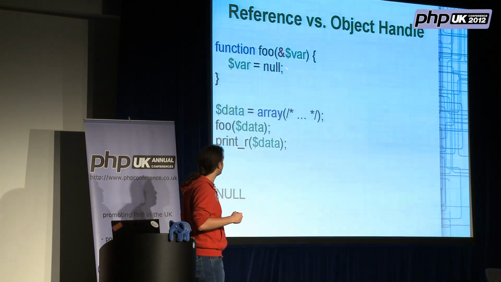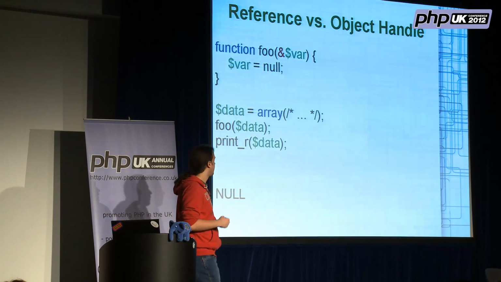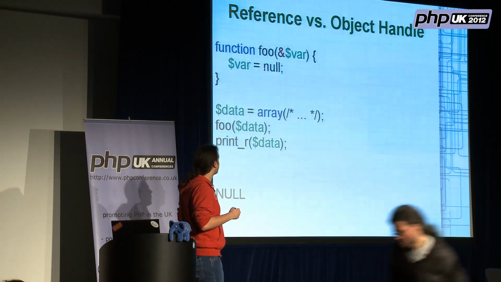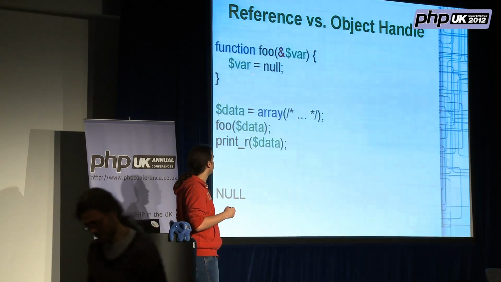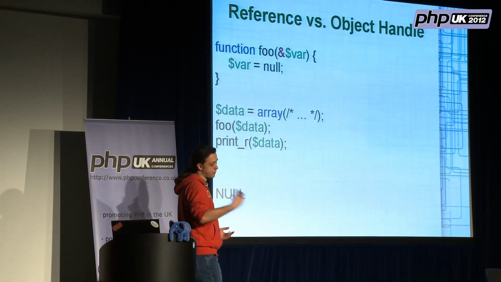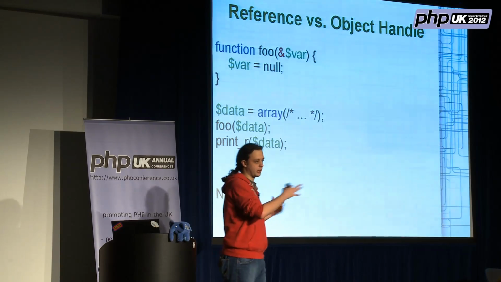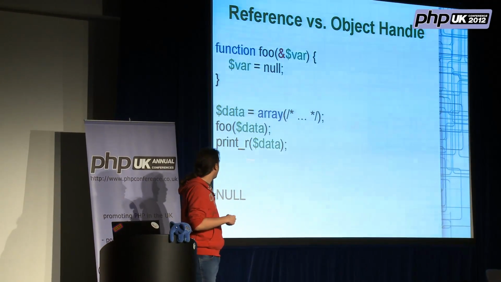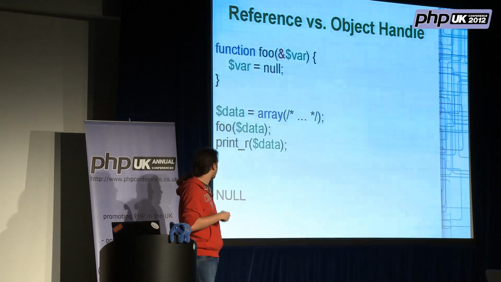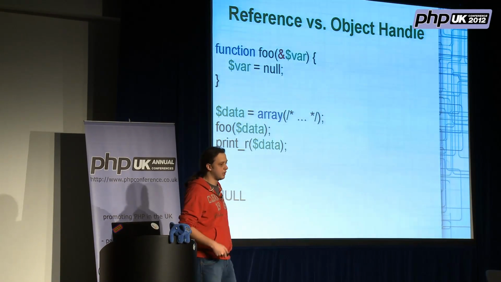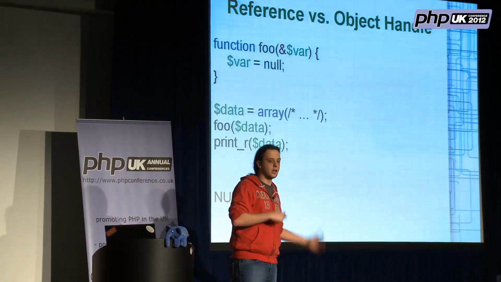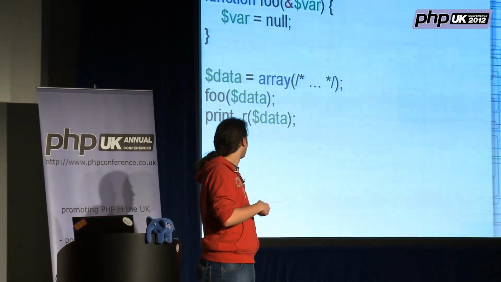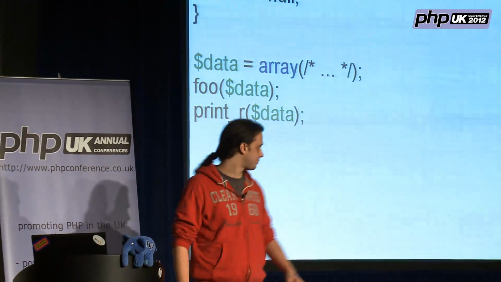I have a function foo, which takes a reference, and then I assign the variable inside the function and change it from being what is passed to being null. I execute this small script and I get null, since a reference is an alias, so if I do anything in here, it has an effect on the outside.